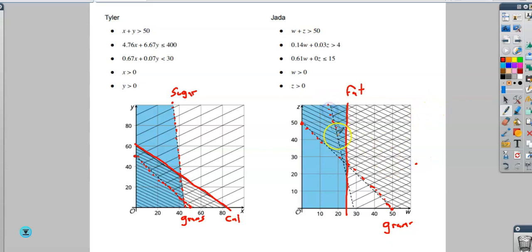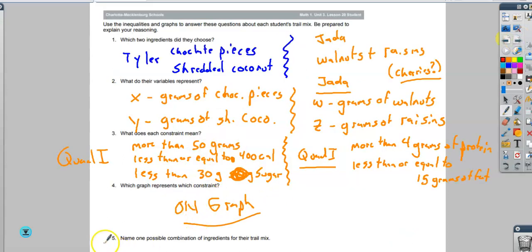So this last dotted line must be what this greater than 4 is, and that was the protein. All right. So we labeled those on the graph so you don't have to write anything here.